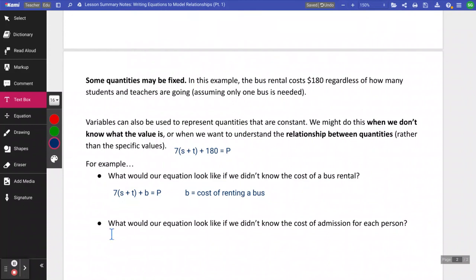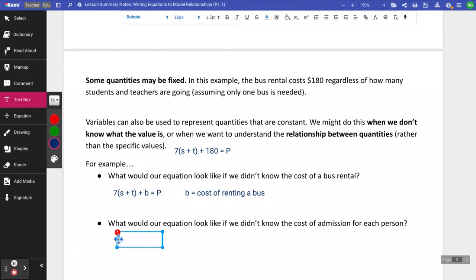Similarly, down here, we've got what would our equation look like if we didn't know the cost of admission for each person? Again, the operations in this equation are still going to be the same. I would still be multiplying the price of a ticket times how many people are going. The difference is I wouldn't have the cost $7 in my equation.